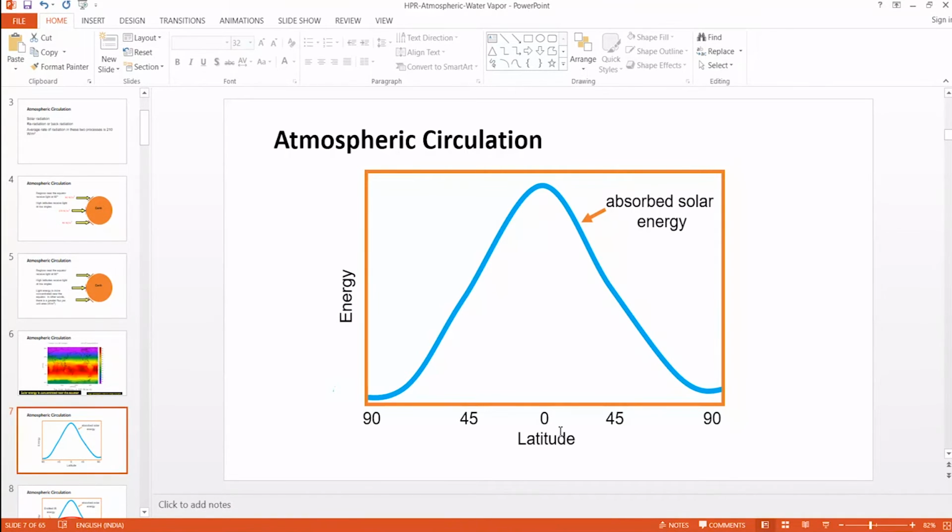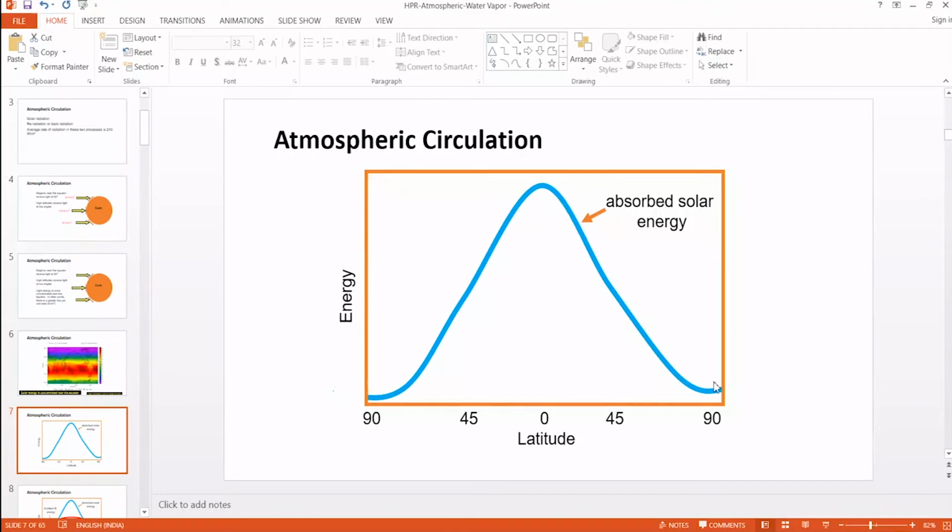You see that the equator has 0 latitude, so at the equator the maximum solar energy is observed. That is, as I said, 270 watt per meter square. Whereas at the poles, the least solar energy is observed, and in between the equator and poles it gets lesser and lesser.